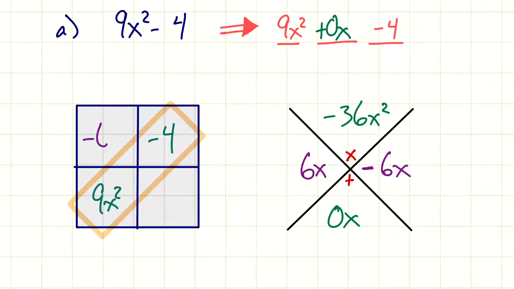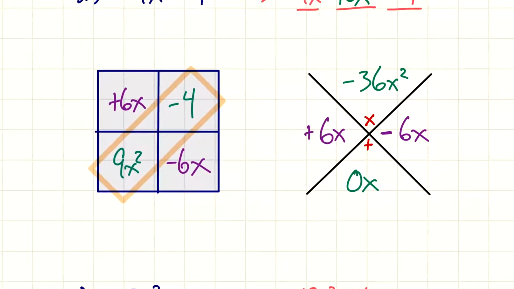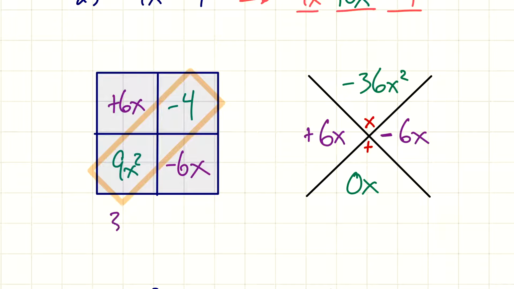So this is a negative 6x. Oops, I'll put the positive first. Positive 6x and negative 6x. All right, and that's it. And then you just finish this like we normally would. So this would be 3x and 3x, and this would be positive 2.